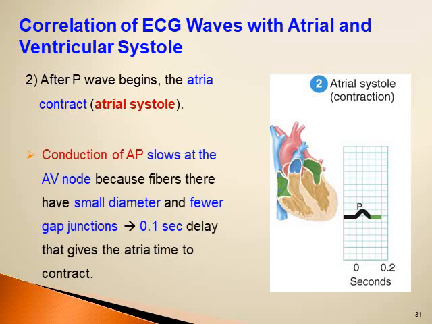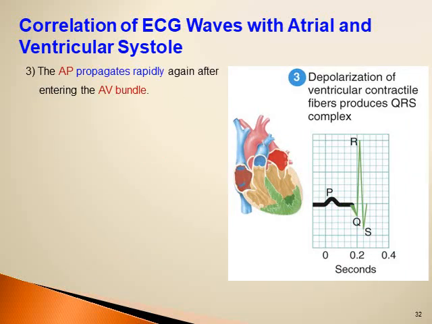Conduction of the action potential slows at the AV node because fibers there have a smaller diameter and fewer gap junctions. So the action potential will be delayed for 0.1 second before it enters the AV bundle to reach the ventricles. The action potential then propagates rapidly.